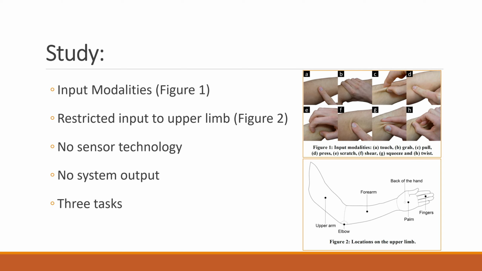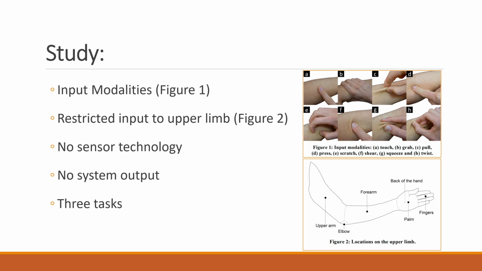The sensors were omitted to prevent issues with user acceptance and to focus our study on the basic input on bare skin. The no system output was to prevent biasing by specific forms of output and the location where that output may occur.